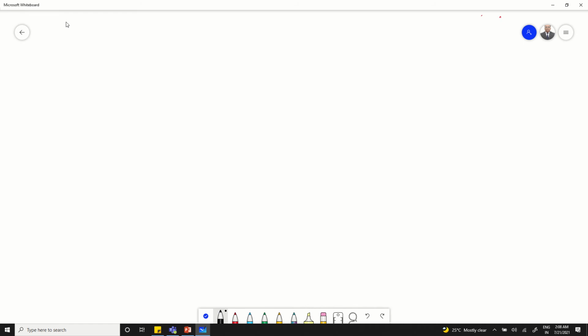Internal loadings for a body subjected to coplanar loadings.